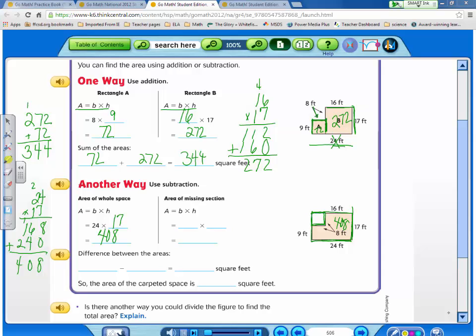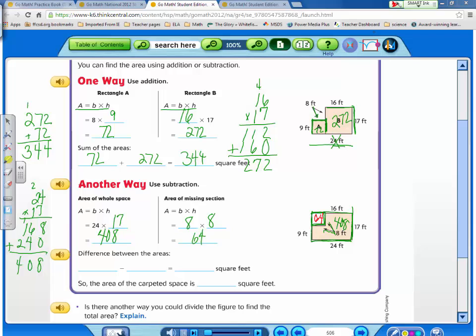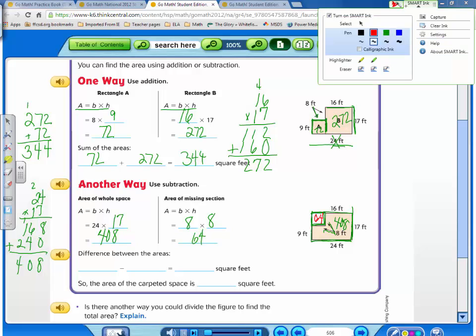So the dimensions of that, by my arrows here, both sides are 8. So 8 times 8 is 64. And so now I'm taking that 64, and I'm going to put it in a different color because I'm actually taking that out. That's not part of my shaded area.